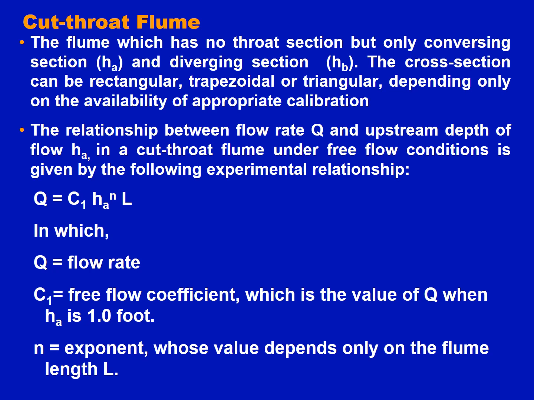When height is 1 foot, C1 is equal to Q. And N is the exponent, whose value depends only on the flume length L. So C1 and N are the coefficients, L is the length, and HA is the height we have to measure. So this was all about the flumes to measure the discharge of a channel.